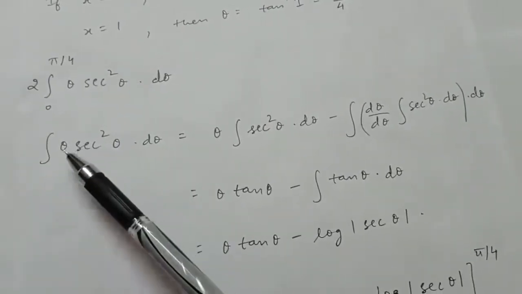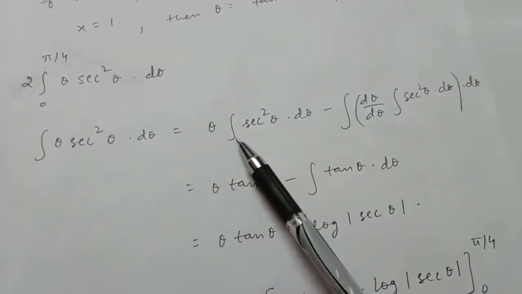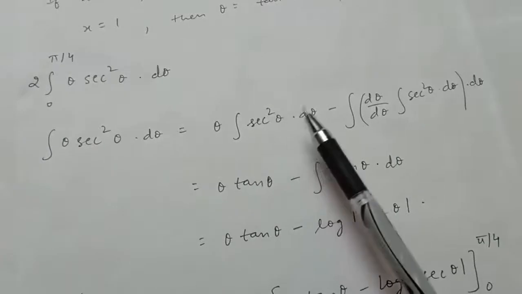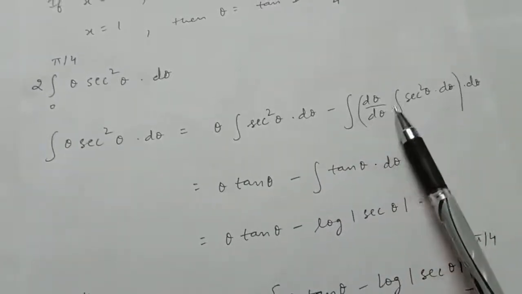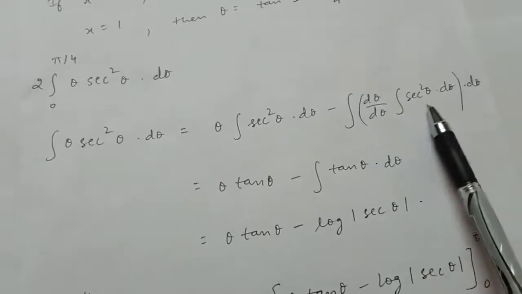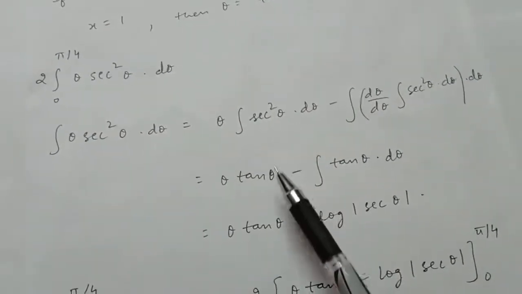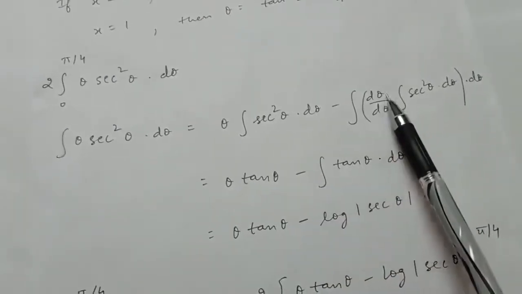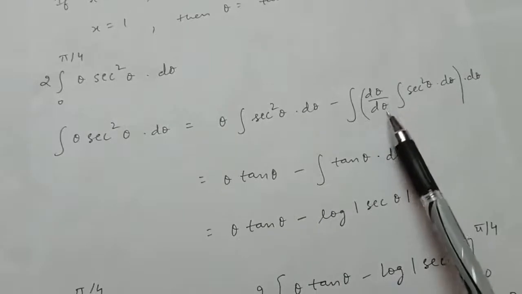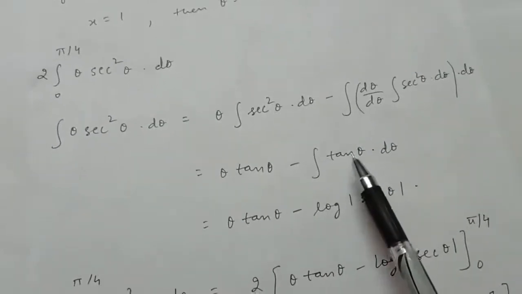So the integral of theta into secant square theta will now become theta times the integral of secant square theta, minus the integral of the derivative of the first function into the integral of the second function. Now the integral of secant square theta you know is tan theta, minus the integral of the derivative of theta with respect to theta, which is 1, and the integral of secant square theta is tan theta.